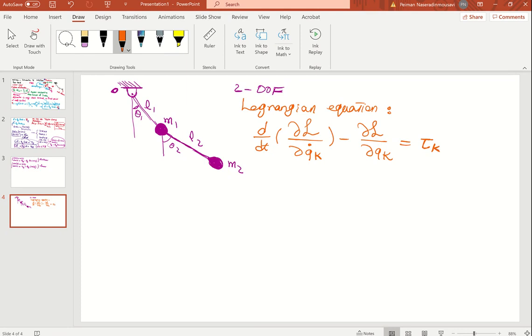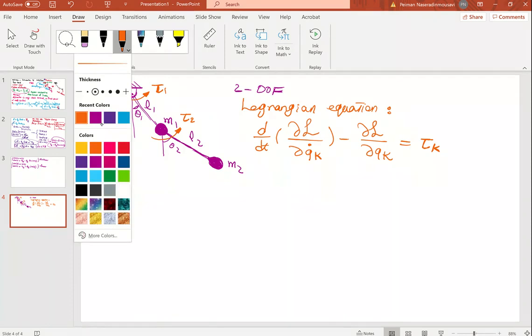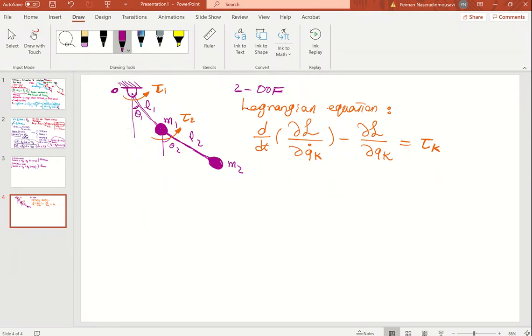Suppose I'm applying control torque tau 1 to the shoulder joint of your hand as a robotic system, and tau 2 to the other joint. Now I have to teach you each of them step by step. Okay?